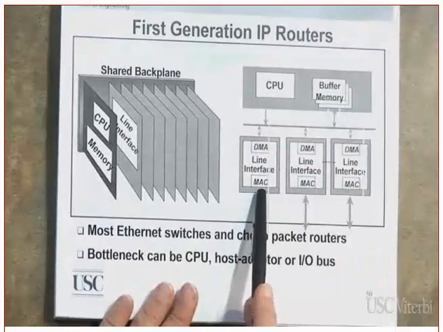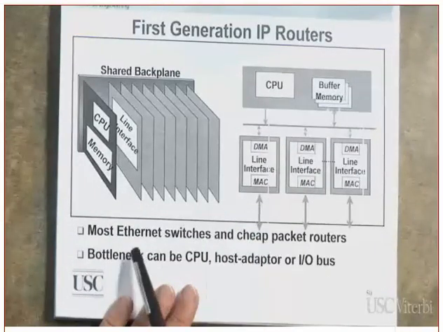Clear? But in this case, you don't need to go through the back plane every time. You are going to use this memory to decide where the outgoing interface is going to be. Clear? It's not that all the processing is going to be done in the back plane. This is the second generation IP routers.